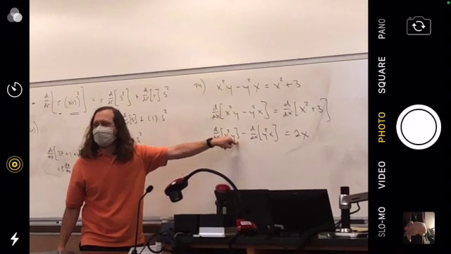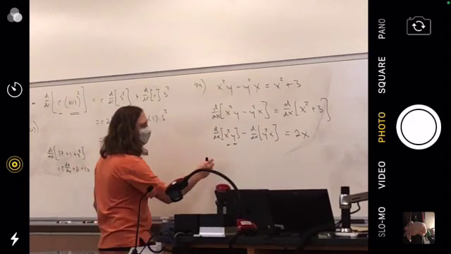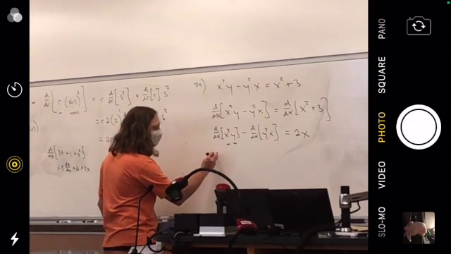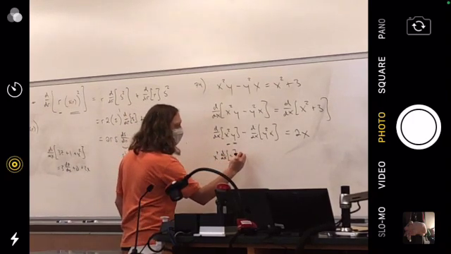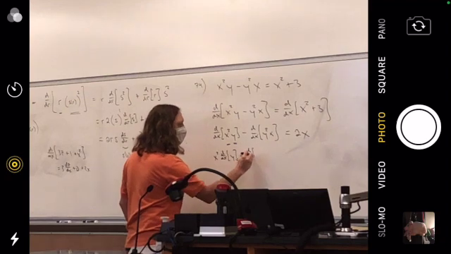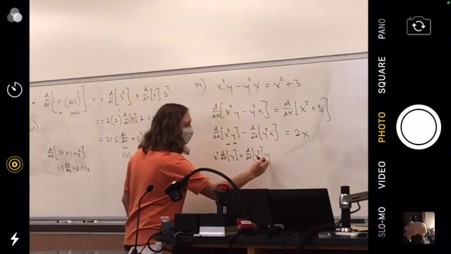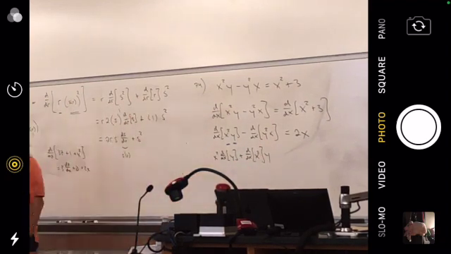Y depends on x. Now if I'm multiplying, that means I need a product rule, right? So if I have two things, I do the product rule. Is that believable for the product rule?